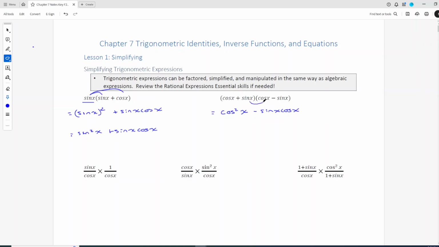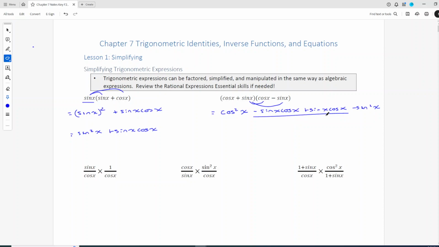Then I'm going to do sine x multiplied through, so now I have a plus sine x cos x. And then I'm going to multiply sine x by negative sine x to get negative sine squared x. Then always when you're multiplying a binomial by a binomial, you look for whether you can collect like terms. This one has a minus 1 sine x cos x and a plus 1 sine x cos x.